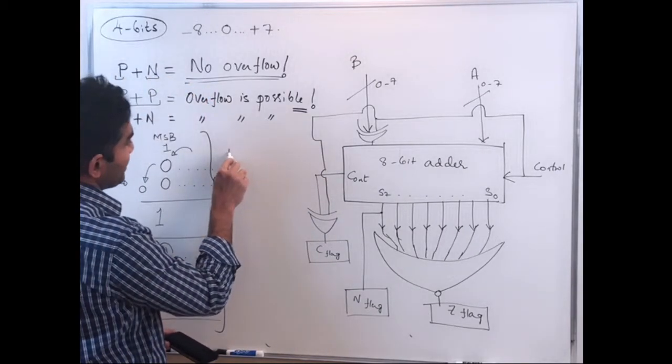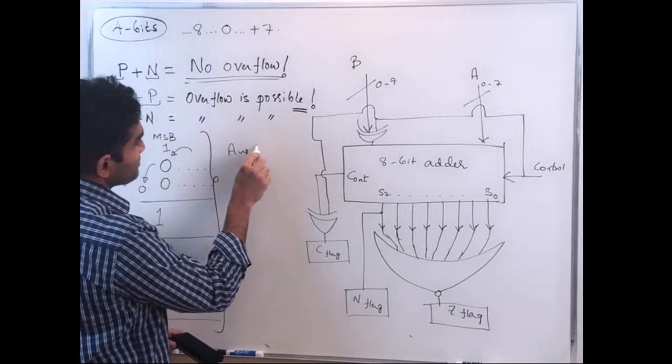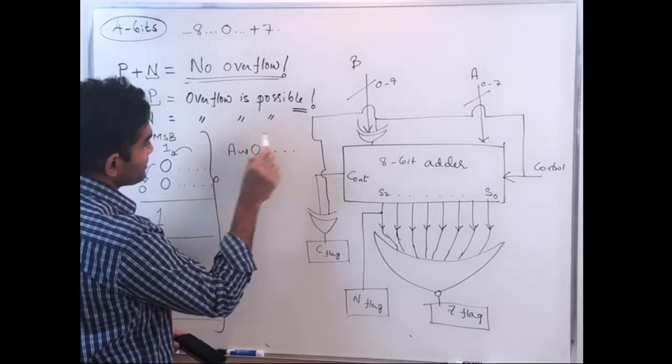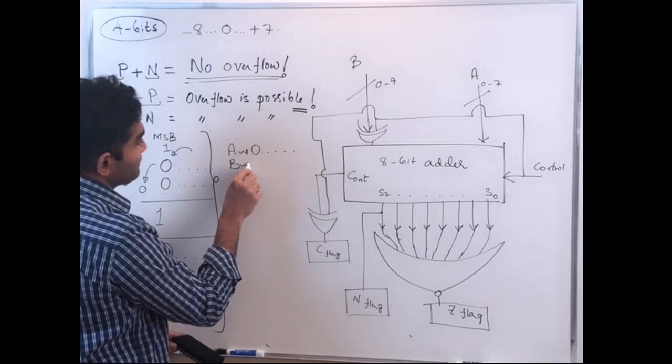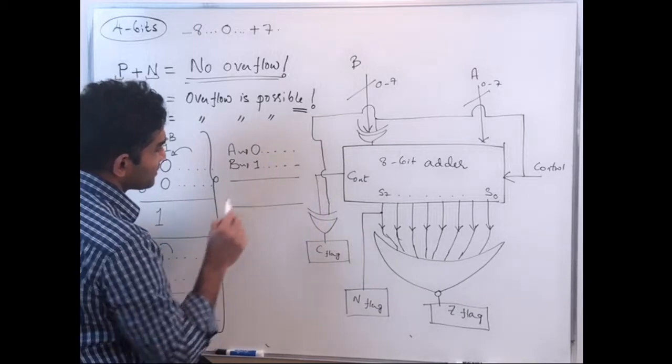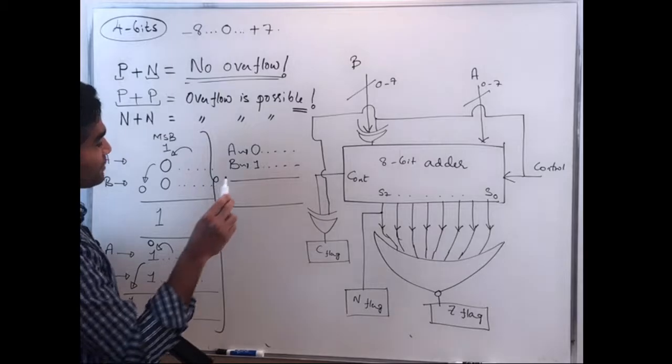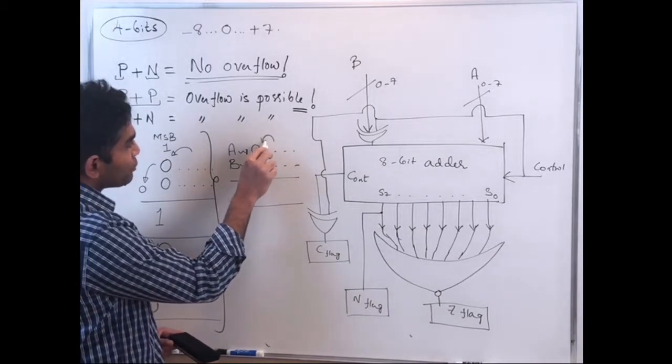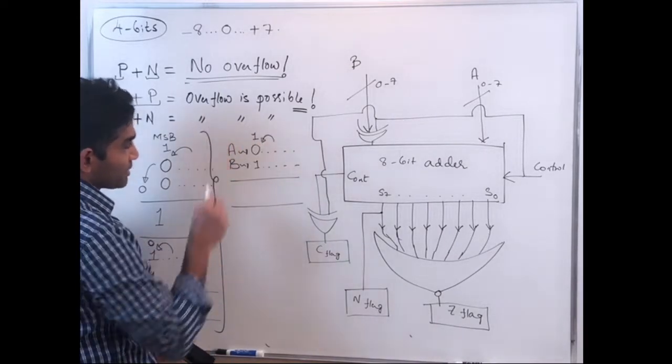Okay, so let's say my A in this case is some positive number followed by some bits. B is, let's say, a negative number followed by whatever that is. Now let's consider the Cin to the most significant bit to be a 1 in this case.